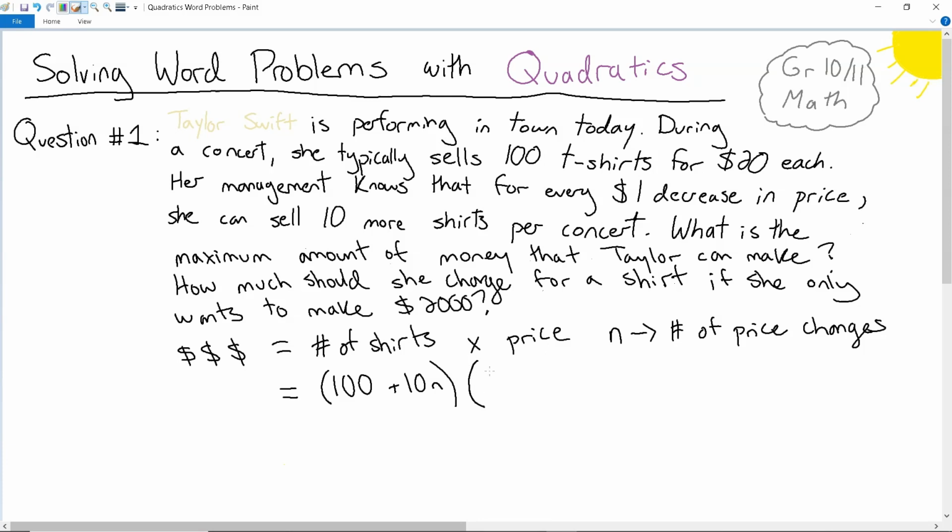And we're going to multiply that by the price of each shirt. So we're starting at a base price of 20 bucks. And each price change will decrease that price by $1. So you can see here, I actually have a quadratic in factored form, and that will be very useful for me.